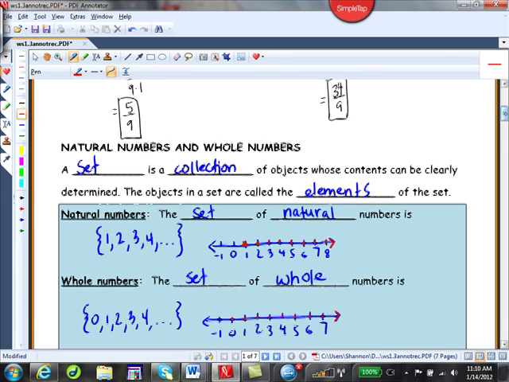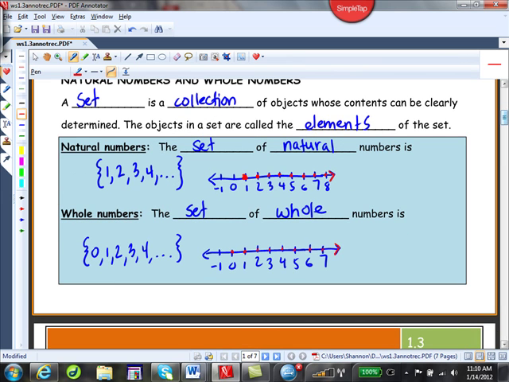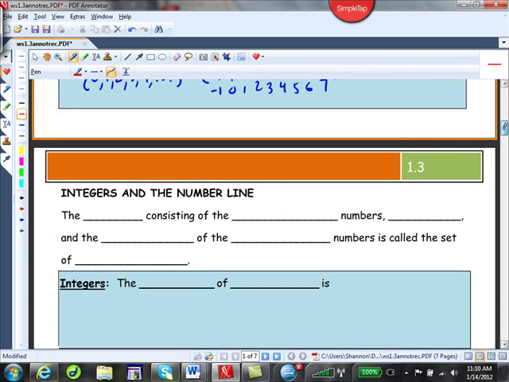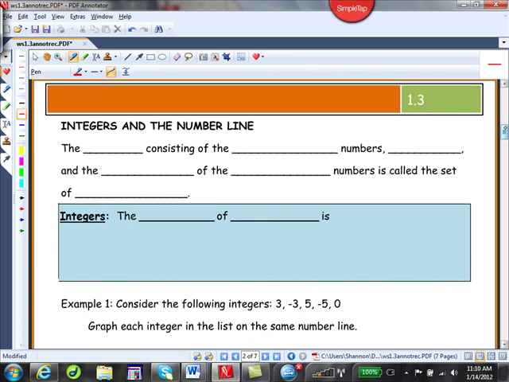All right. So just to recap, the natural numbers are your counting numbers starting with 1. The whole numbers are the counting numbers or the natural numbers with an additional element of 0. All right, so here we go.